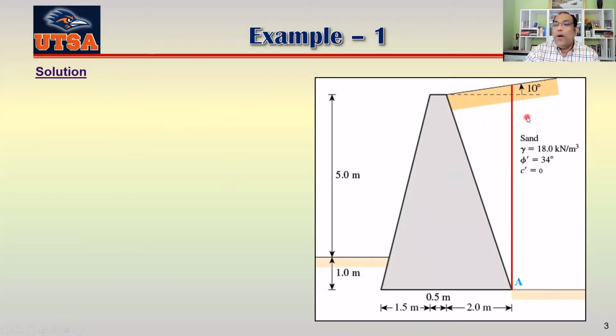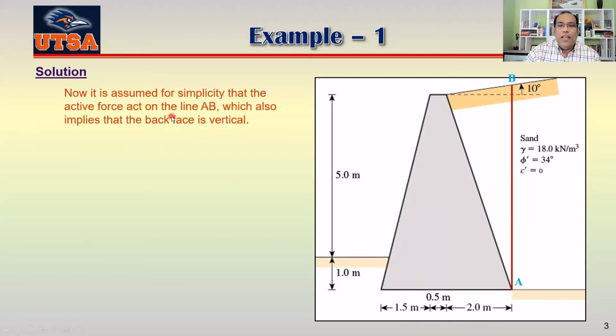The point at the surface that intersects with this line is B. For simplicity, we assume that the active force is acting on line AB, and from A, B, and all the way to this wall, the whole thing will work as a wall.